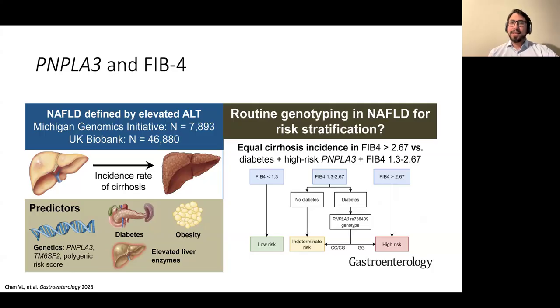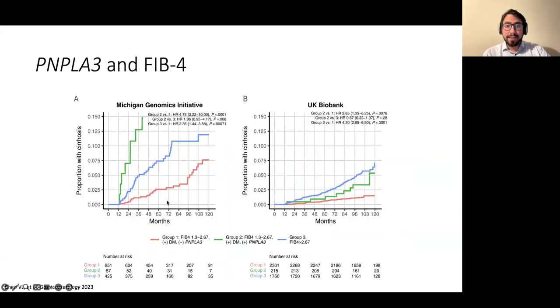They identified that individuals with indeterminate risk by FIB4, but who also have diabetes and also have a PNPLA3 high-risk variant, should be considered a high-risk population, with the same incidence of progression as those with a FIB4 over 2.67, sorry.